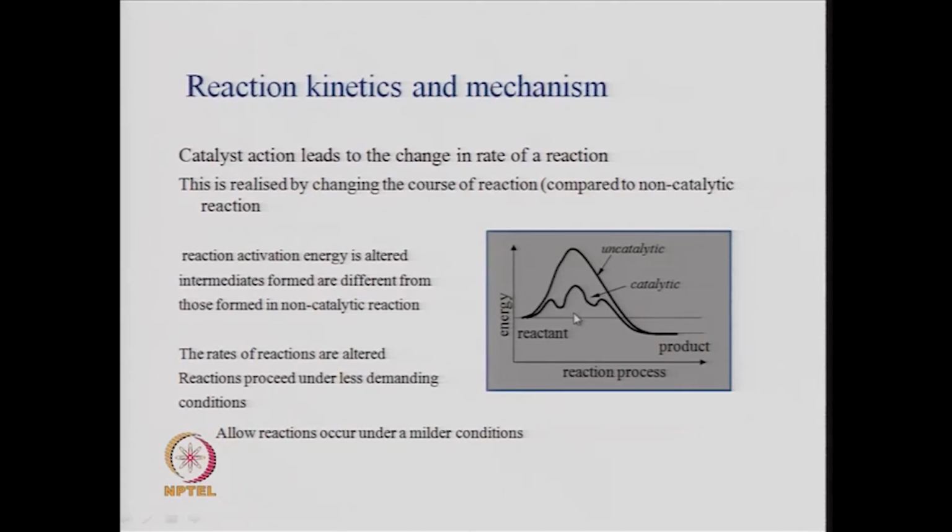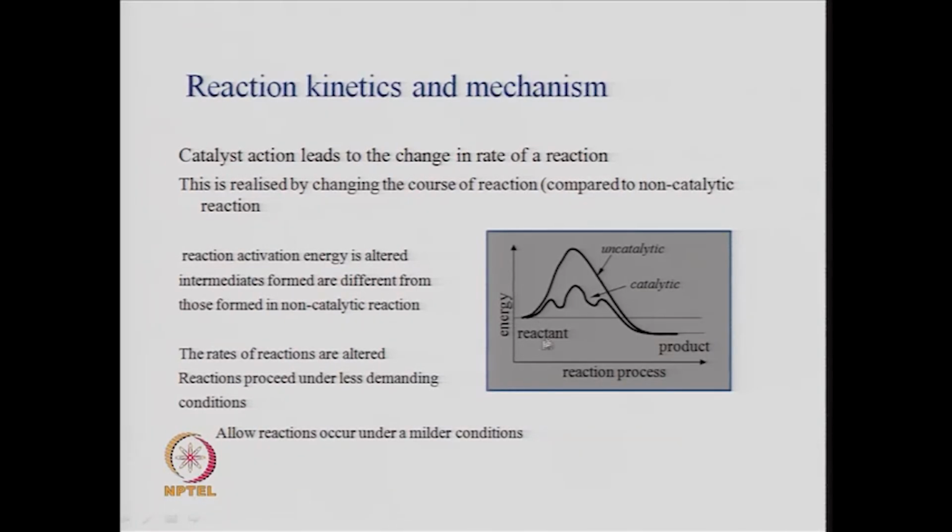So, what has happened is that the activation energy of the catalytic process has been reduced by the catalyst, and this is the key concept of the kinetics in the presence of a catalyst. The activation energy is decreased when the catalyst is present.